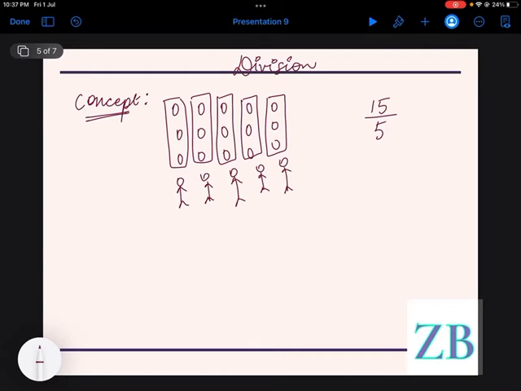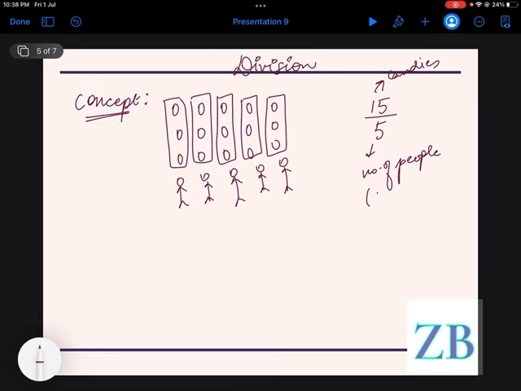So the divisor is the number of entities I have to distribute into, and 15 is the actual number of entities that there are. So these are the candies, and the 5 is the number of people.